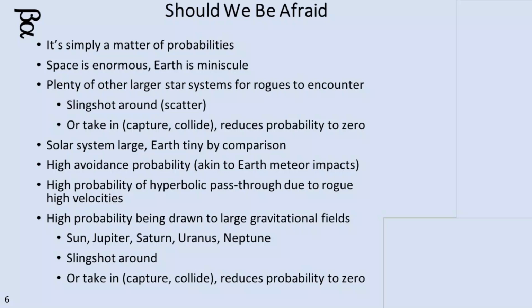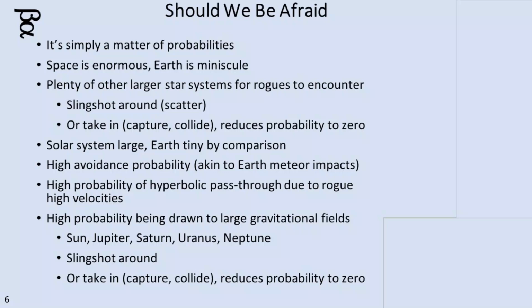You don't notice it. But there's a higher probability that these rogues will pass through the solar system at high velocities, and therefore they'll just wing their way through, go around a large planet or go around the sun and never be seen again. Once they leave, their orbit is hyperbolic. It's not orbiting the sun, so it's not coming back anytime soon.